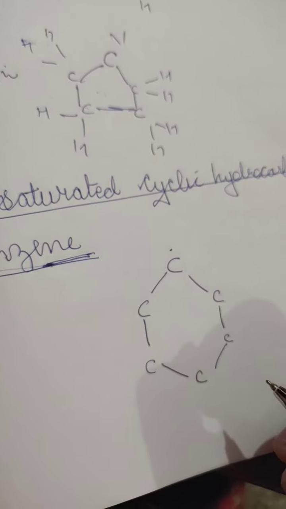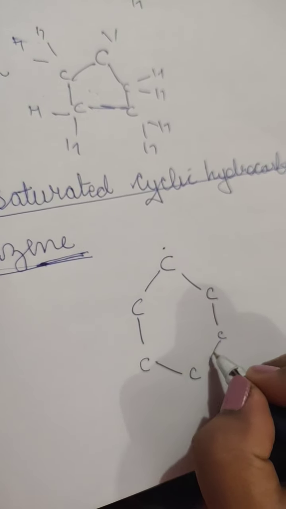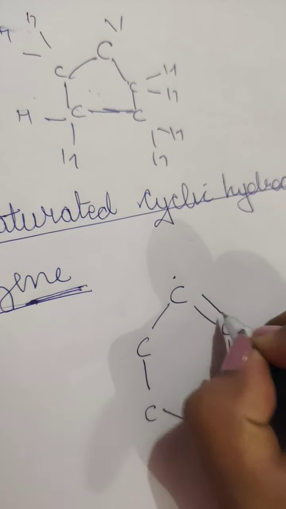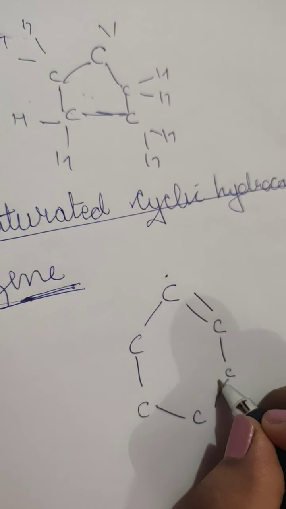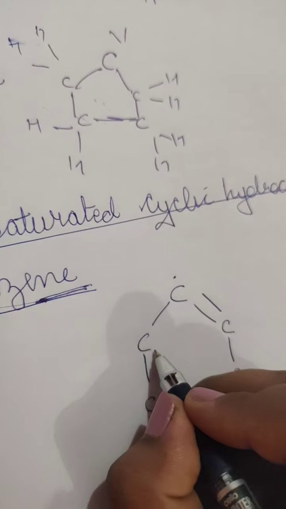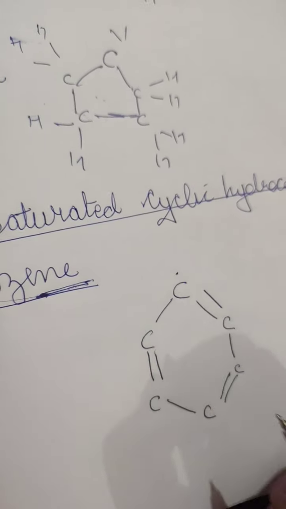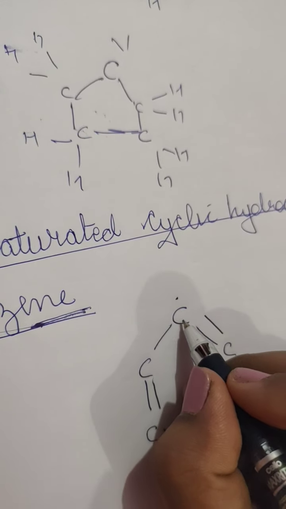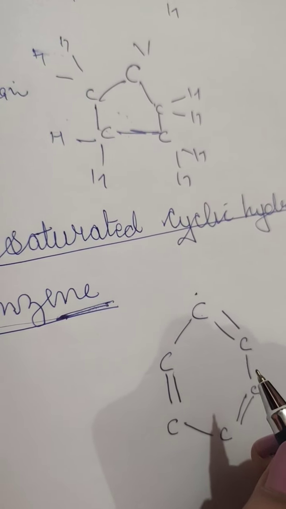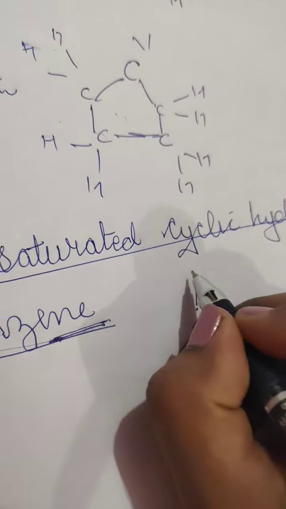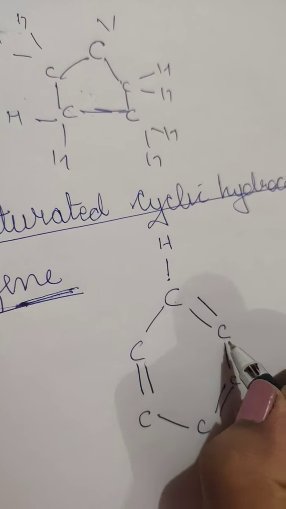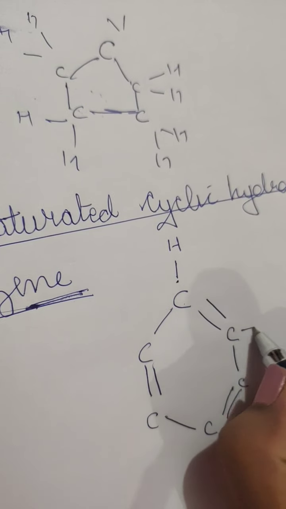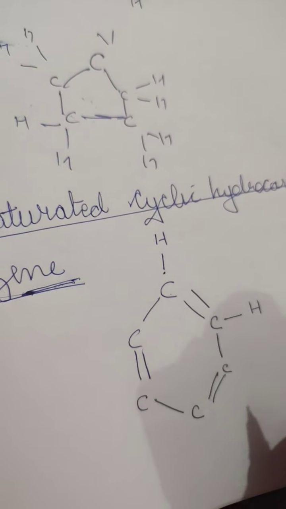Okay, so this is a ring-like structure, but here we are having double bonds in an alternate manner, like one will be here, another here, and the third double bond will be here. So these 3 double bonds are here. Because this carbon is already sharing 3 electrons, it has only 1 extra electron, so it will share with only 1 hydrogen.